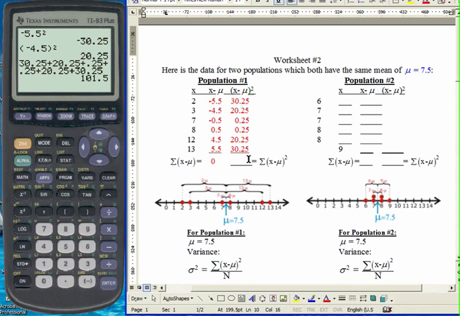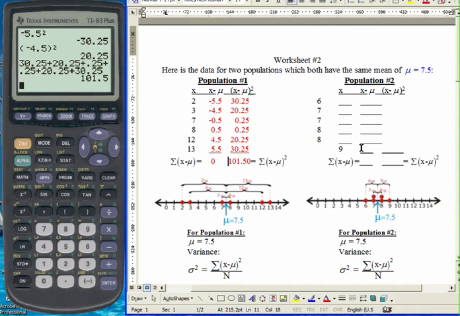So let's put that answer in there. 101.5. Oh, I'll go 2 decimal places because that's what my previous work was in. And let's get this to line up a little more nicely.